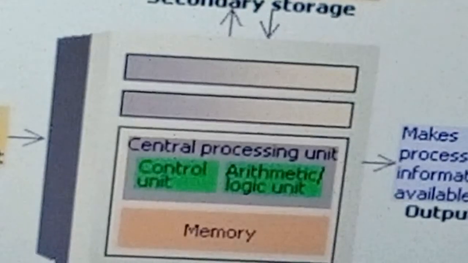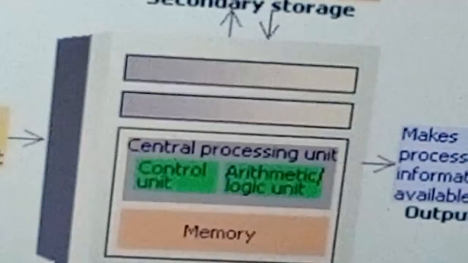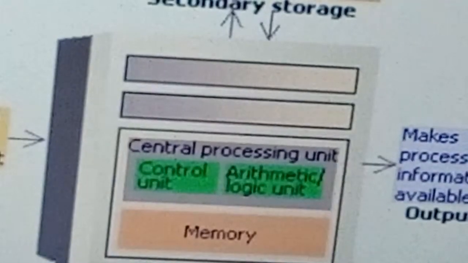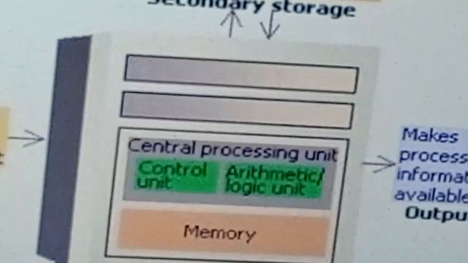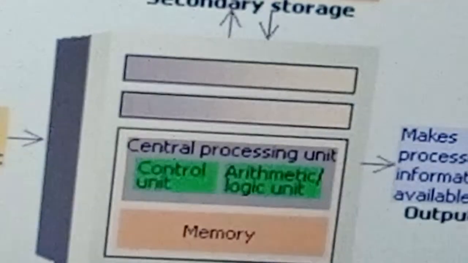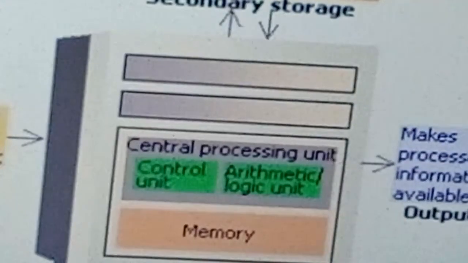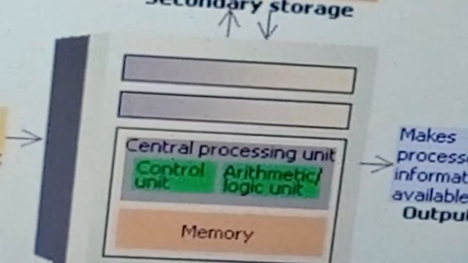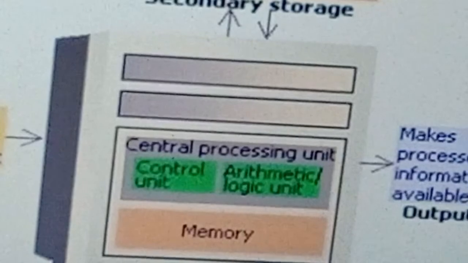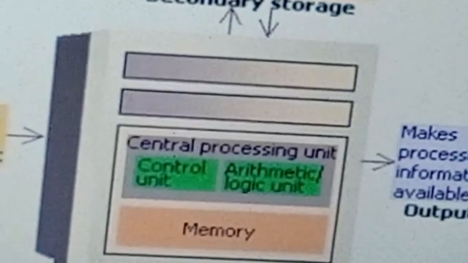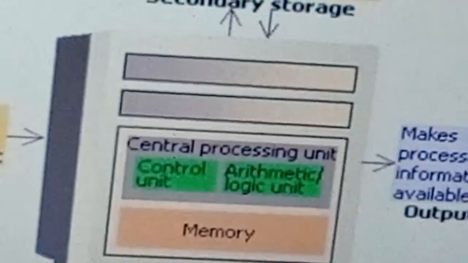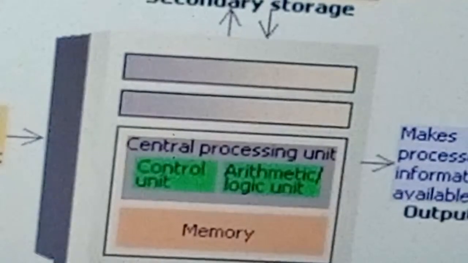Primary memory is a memory in which the data is liable to change or be lost on power failure. Whereas secondary memory is a permanent storage device, that means when power fails we do not lose the data. Primary memory is the memory of a computer which can be directly accessed by the central processing unit.